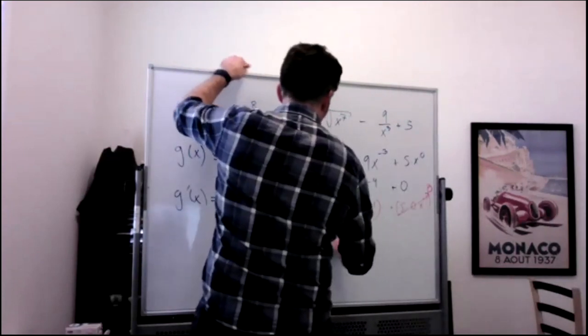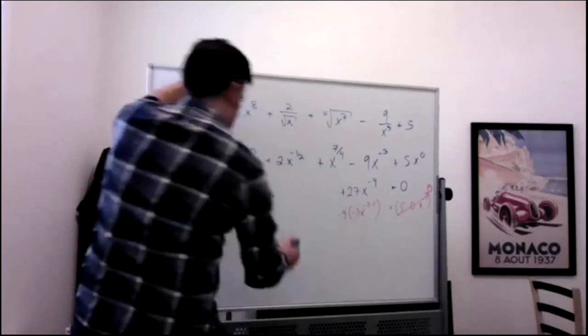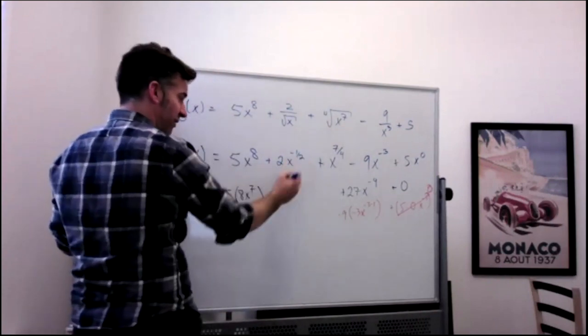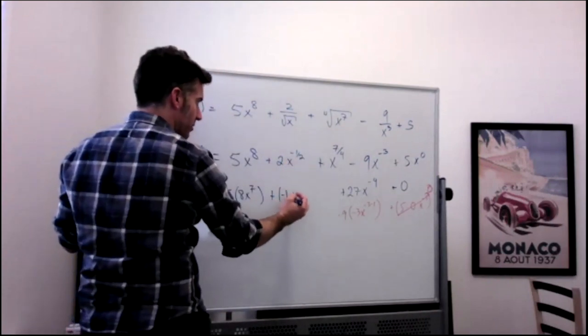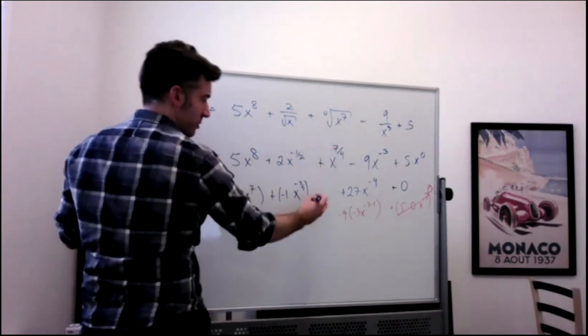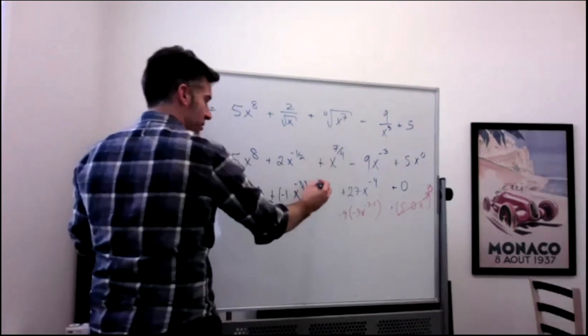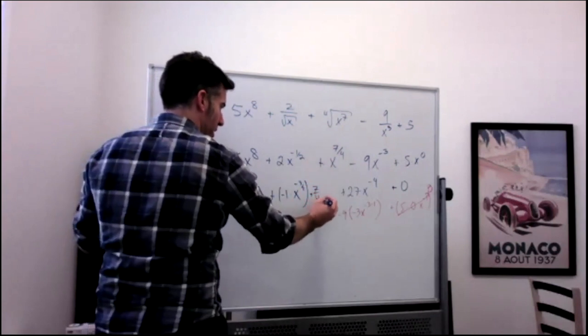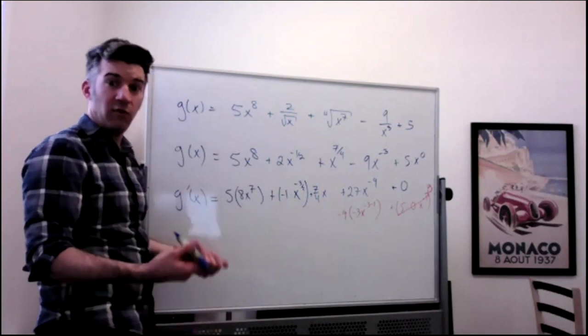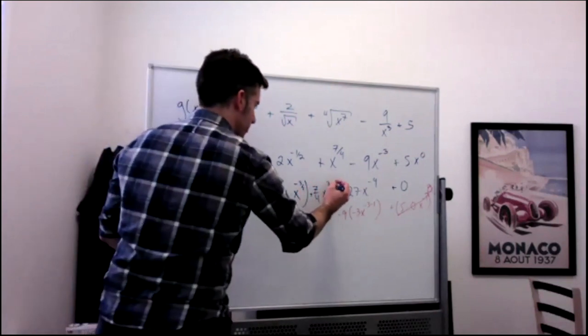Yes, good call. So let me actually write this down how I would actually do it. 2 times negative 1/2 is negative 1 times x to the negative 3/2. And then so the 7/4 comes down, you get 7/4 times x to the 7/4 minus 1, which is 7/4 minus 4/4, which is 3/4.